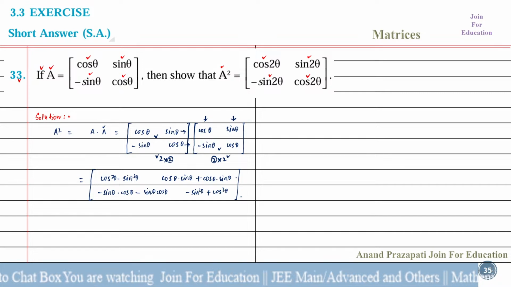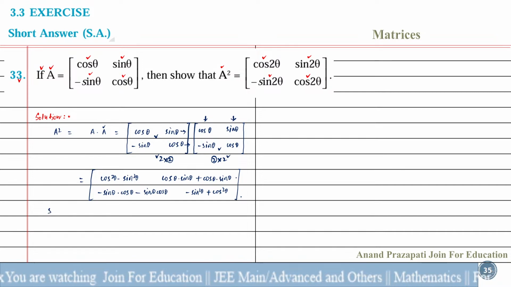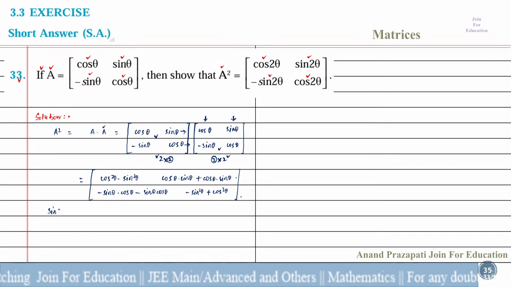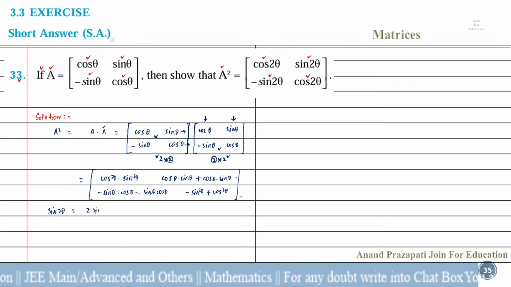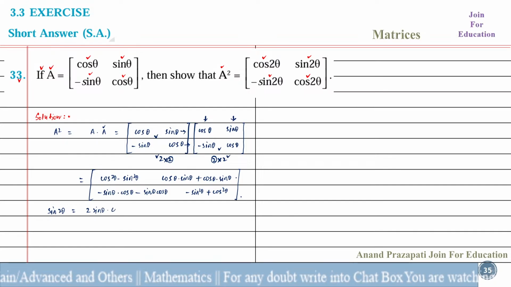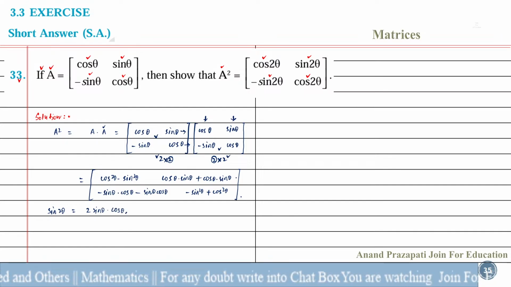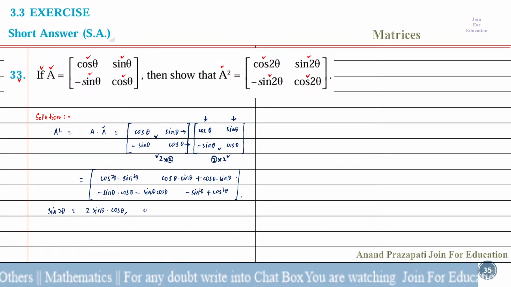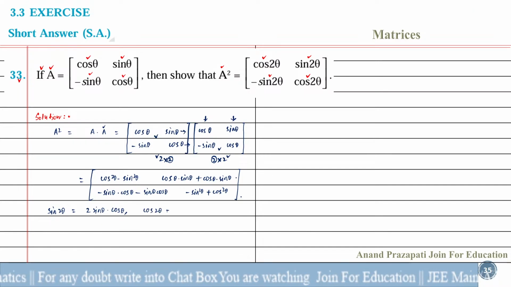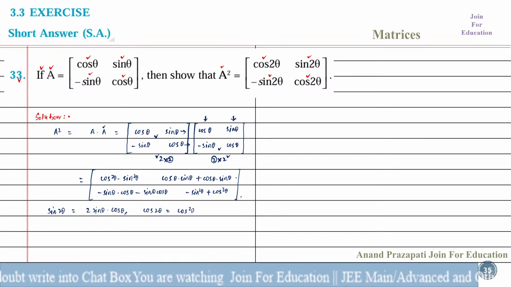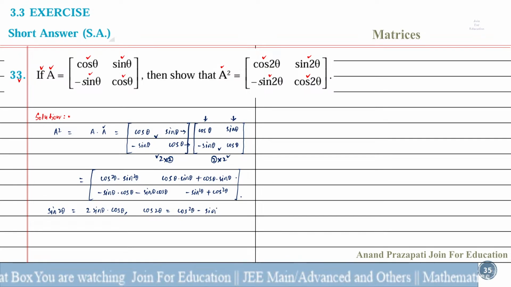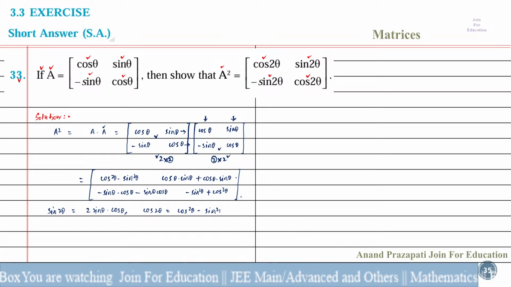Now we recall the formula of sin 2 theta and cos 2 theta. Sin 2 theta equal to 2 sin theta into cos theta, and cos 2 theta equal to cos square theta minus sin square theta.